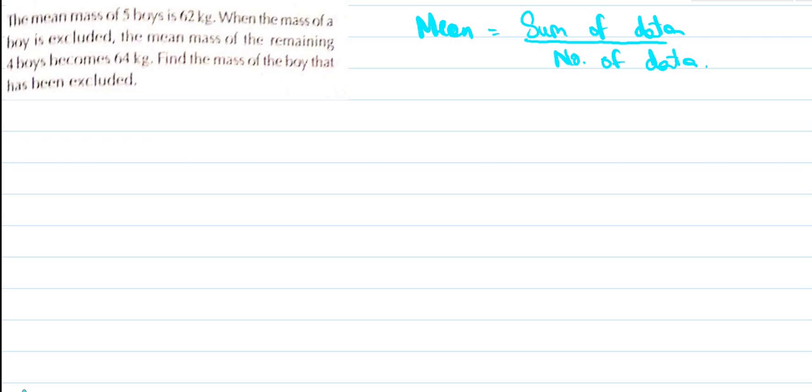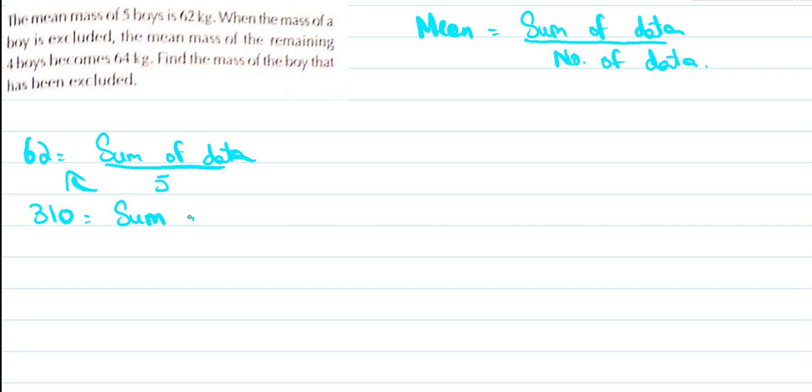So instead of writing mean, you would write 62 is equal to sum of data divided by number of data, which is 5. Now you would multiply 62 with 5. 62 multiplied by 5 is equal to 310 kg. This means that the weight of all the students combined was 310 kg.